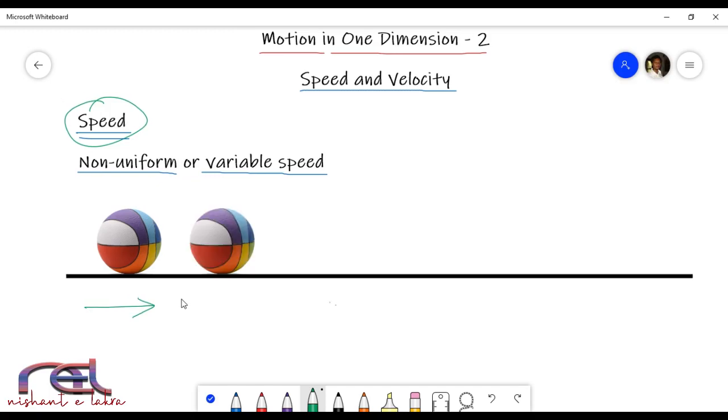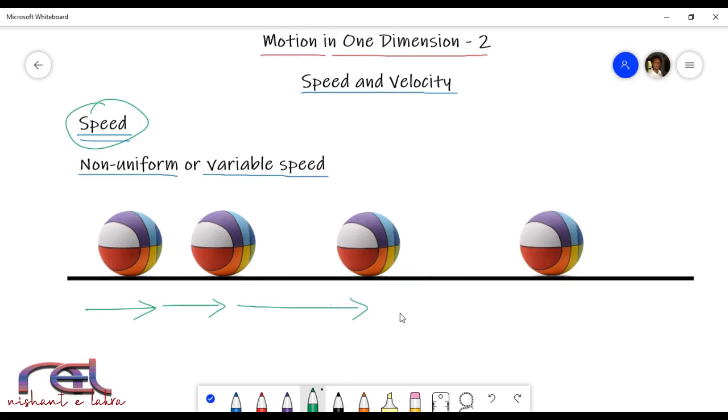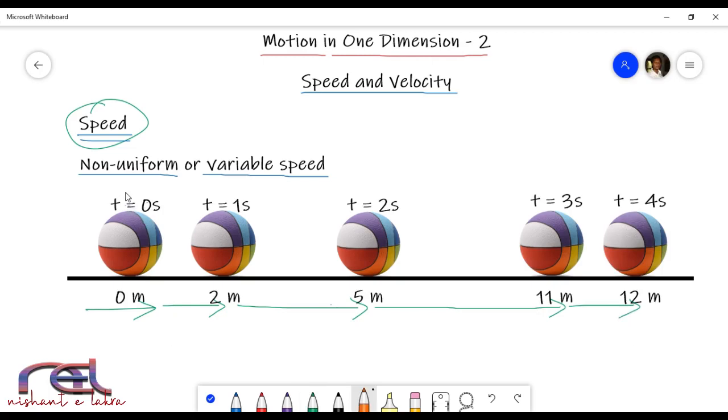The volleyball at the initial point is moving on the plane surface, but you will see that the distance covered is not the same. What is the same here? The time interval is the same, right? Initial time is 0 seconds, then 1 second, 2 seconds, 3 seconds, 4 seconds.